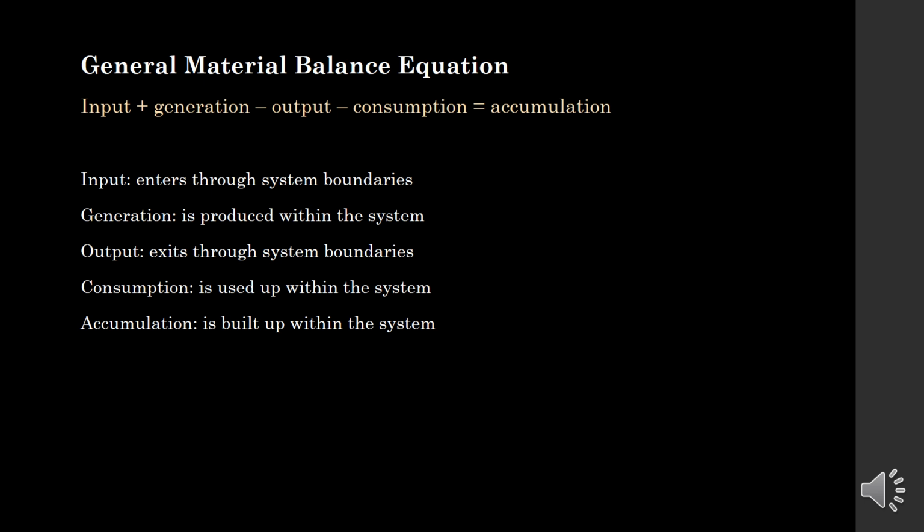Input is what enters through the system boundaries, and generation is what is produced within the system. Output exits through the system boundaries, and consumption is used up within the system, and accumulation is built up within the system. So accumulation is the thing which is left over without undergoing any reaction.